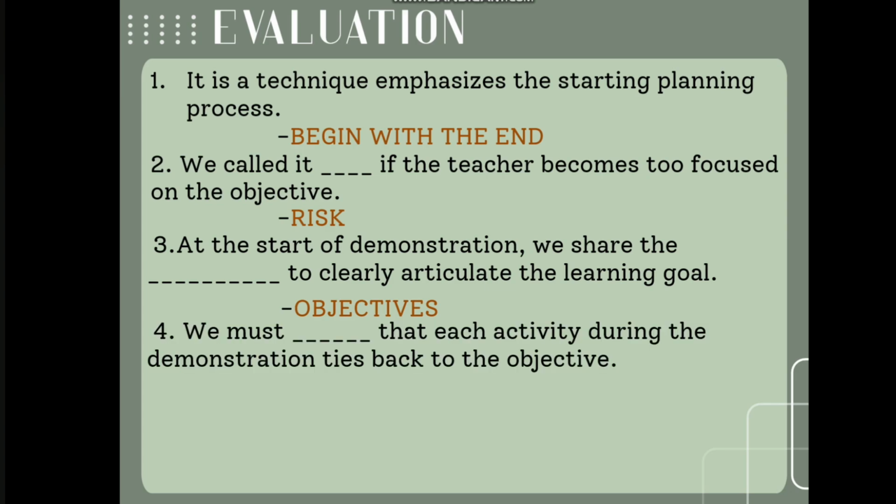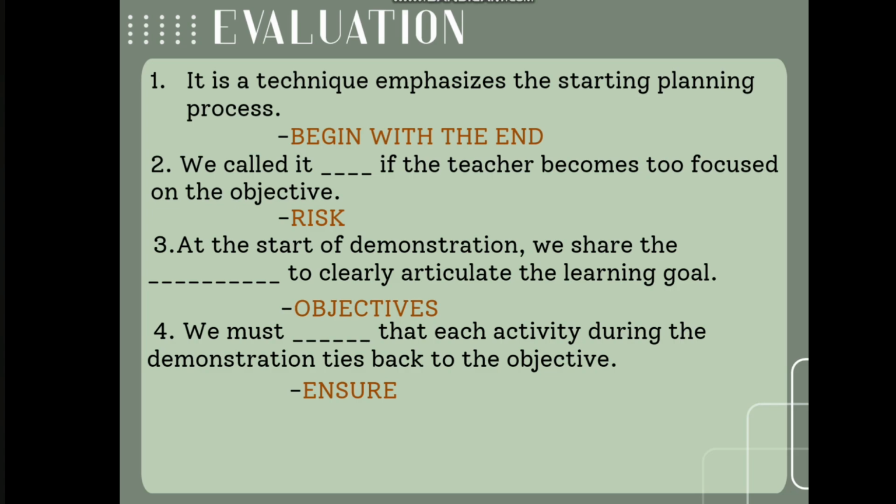Question number 4. We must blank that each activity during the demonstration ties back to the objective. Again, we must blank that each activity during the demonstration ties back to the objective. In 5, 4, 3, 2, 1.